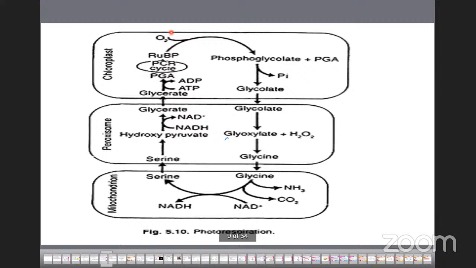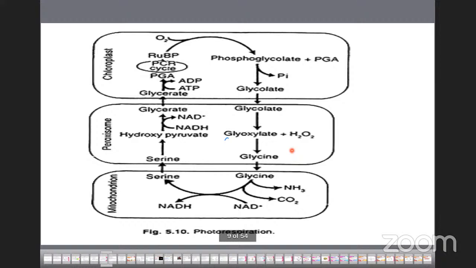Oxygen is accepted by RUBP in the presence of the RUBP oxidase enzyme, and this results in the formation of a 3C compound, phosphoglyceric acid, and this changes into glycolate, and this glycolate enters into peroxisomes, and when it combines with the amino group it changes into glycine, and glycine diffuses into mitochondria, and in mitochondria two molecules of glycine are changed into two different molecules by relieving the amino group, and this relieved amino group again diffuses into peroxisomes.